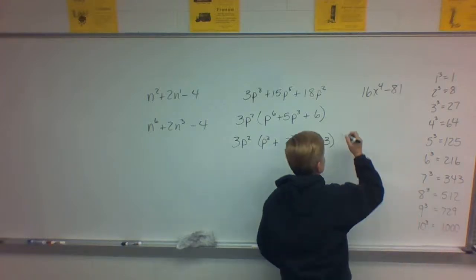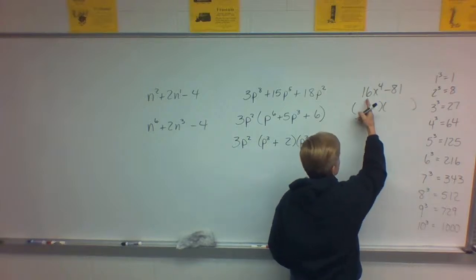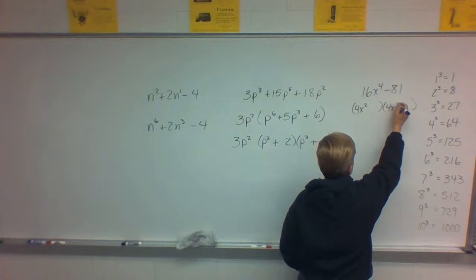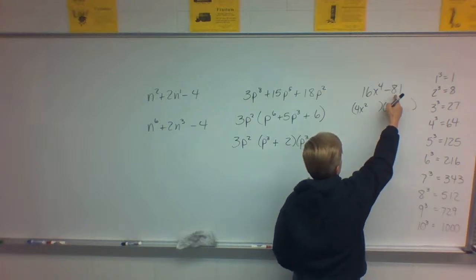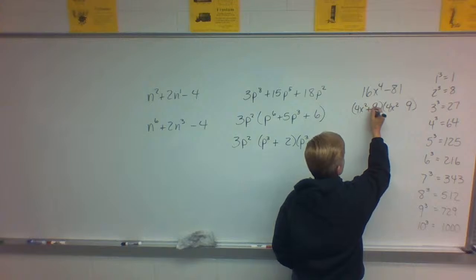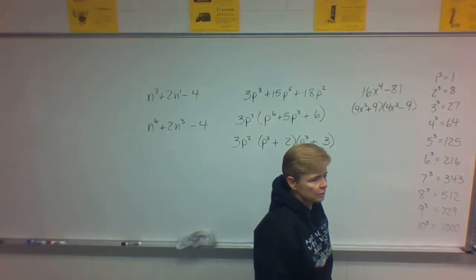Which factors like this? We write down our 2 sets of parentheses, and it's going to be a conjugate pair. It's going to be the square root of this, and the square root of this. I mean, the other square root over here. The square root of that goes here, and here. And it's a conjugate pair, because that's how you factor sums and differences of squares. Even though it wasn't a quadratic, it was quadratic-ish, because it was a difference of squares.